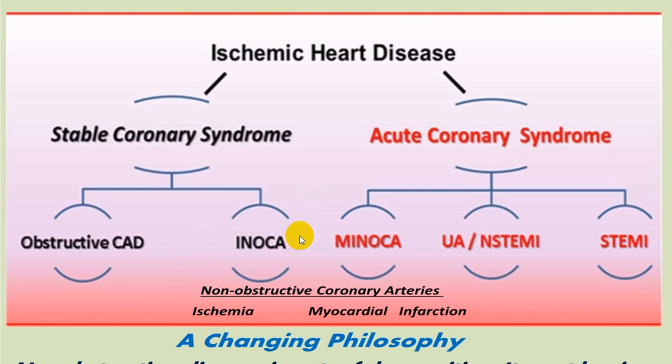That we call INOCA. Acute coronary syndrome can be MINOCA, that is myocardial infarction in non-obstructive coronary artery disease, unstable angina, and MI, which can be non-STEMI or STEMI. So this is the entire basket of ischemic heart disease. You divide it into two big groups: stable coronary and acute coronary.